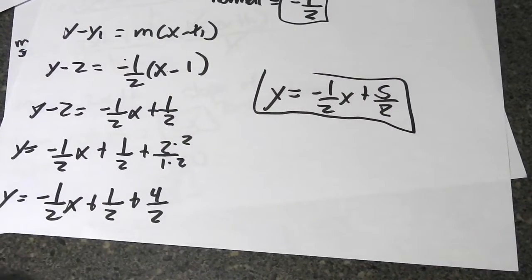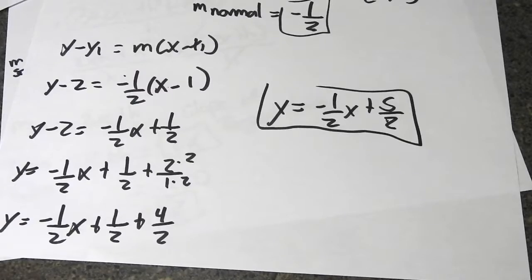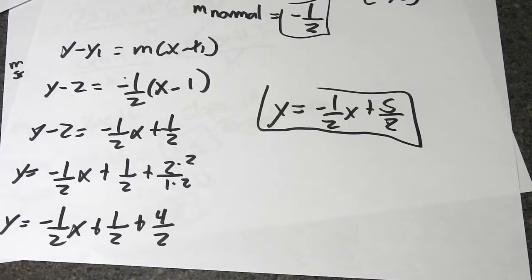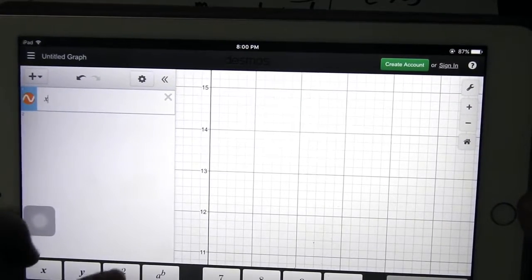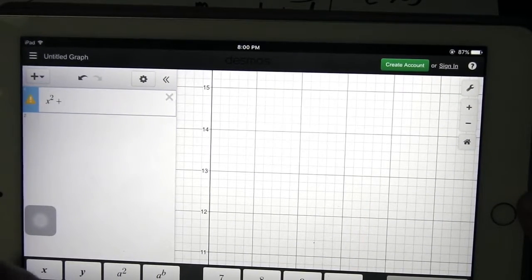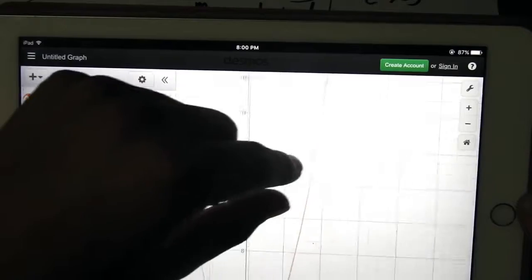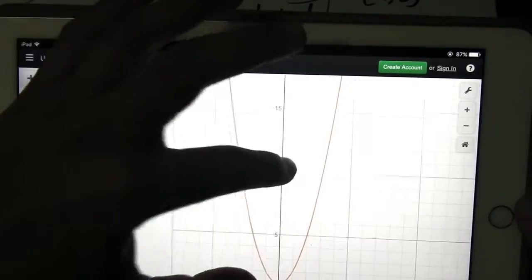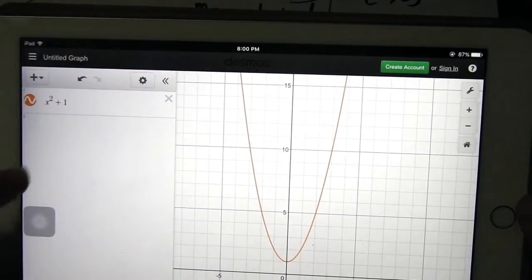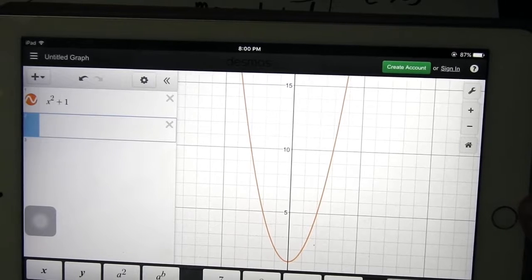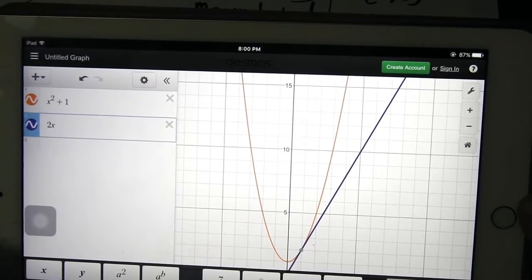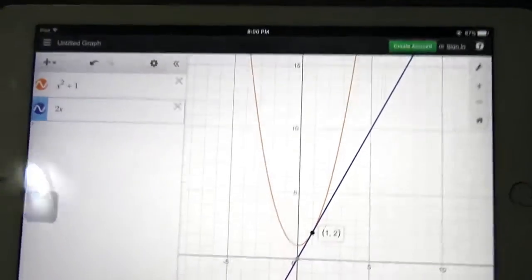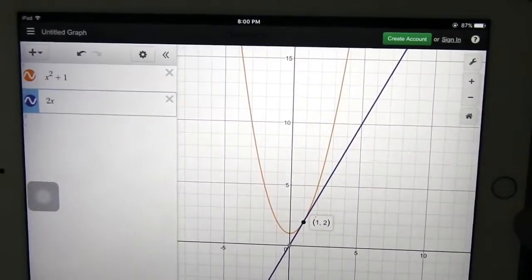Now I'm going to show this on Desmos. So we have that our equation is x squared plus 1. We have our parabola over here. We have that our tangent line is 2x. You can see over there at point (1, 2) as we said.